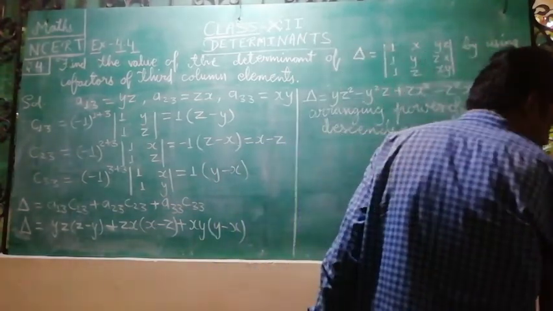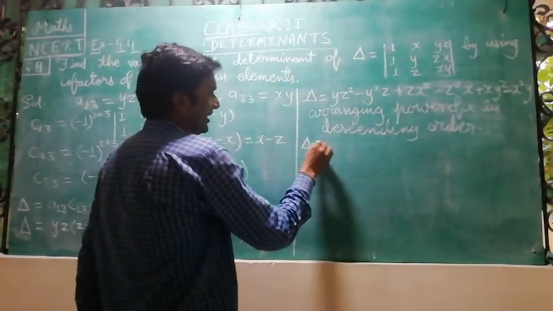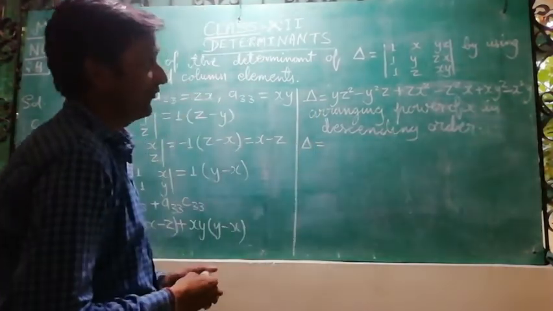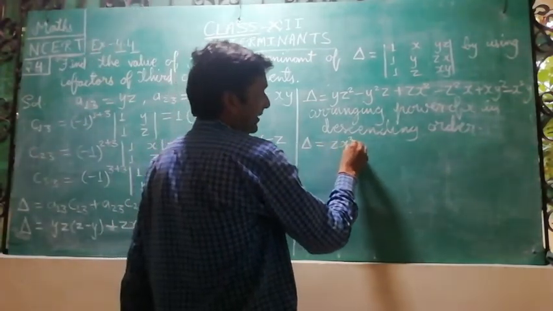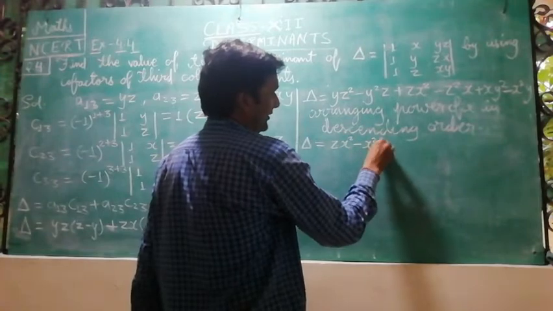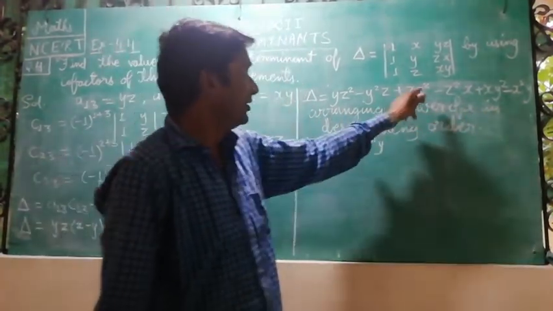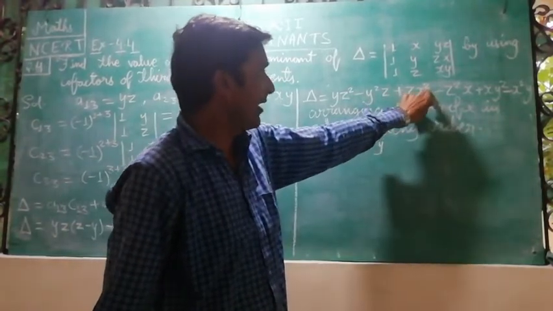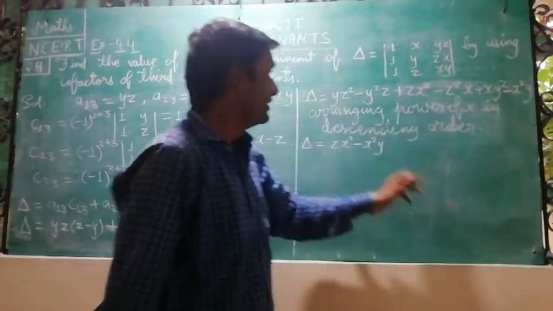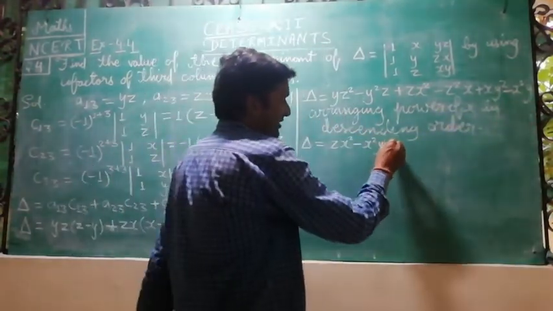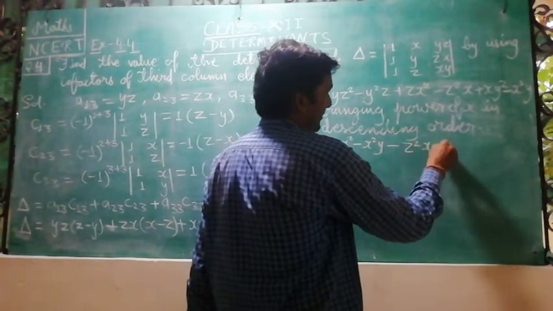See, now delta is equal to, first of all the x square terms, so zx square minus x square y. We are arranging power of x in descending order. Power of x is greatest, power is 2, so zx square minus x square y. Now power of x is 1 will be selected, so minus z square x plus xy square.